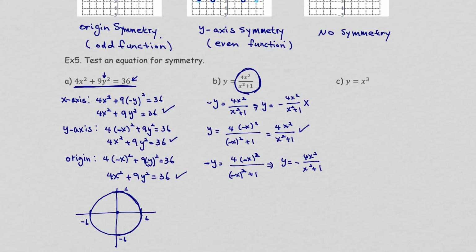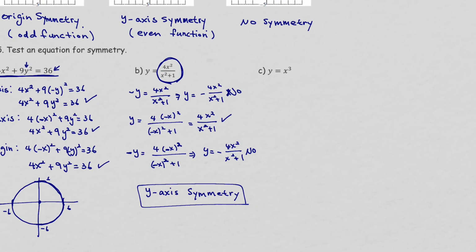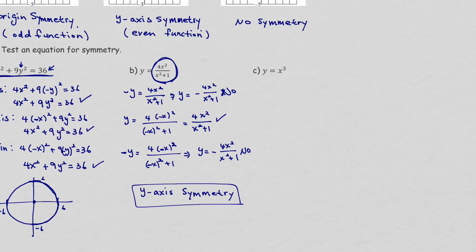So obviously we can tell no. This one is going to be only y-axis symmetry. So that's how you're going to test what types of symmetry there is, by letting the variables be negative.